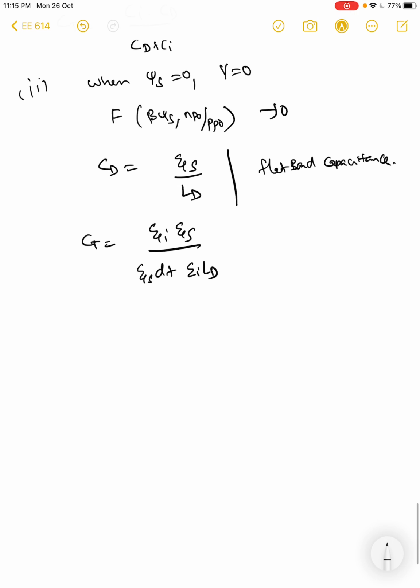Now let's go to the third situation, when psi s is greater than 0 and lesser than psi b.